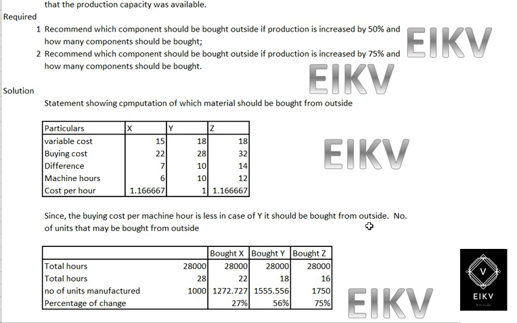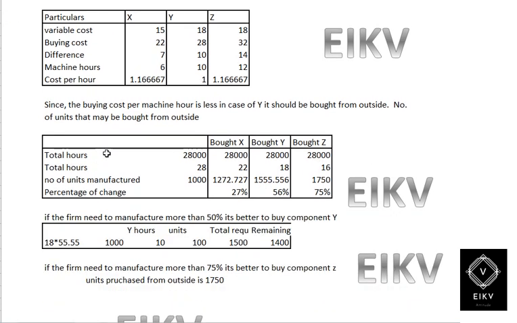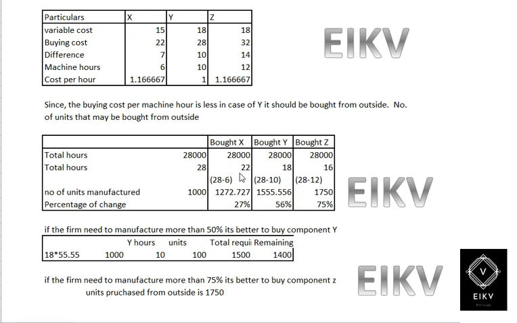Now, the number of units which can be bought from outside. For that also I have made a table containing four columns. Total hours 28,000 hours, and hours per unit 28 and 22. That is, 28 is the total hours per unit, but if X is bought, then we need to deduct the machine hours of that product, that is minus 6, which gives you 22.